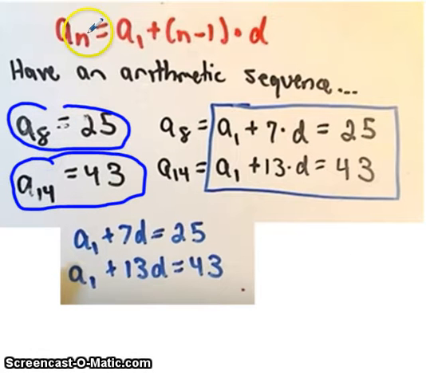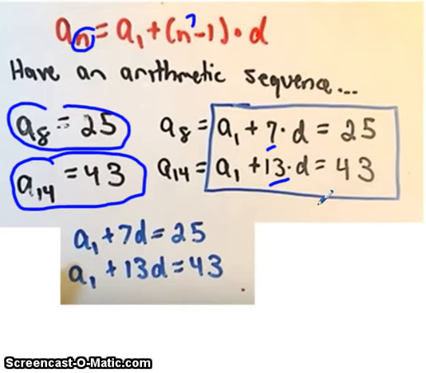Well, using the formula, putting an 8 where the n is and then a 14, we get these two equations. So we get a sub 1 plus 8 minus 1, which is 7, times whatever d is, and then with the 14th term it'd be 13 times d, and we get these two formulas.